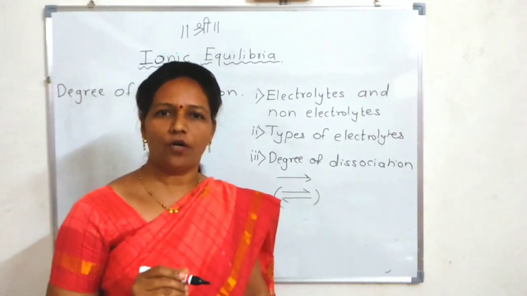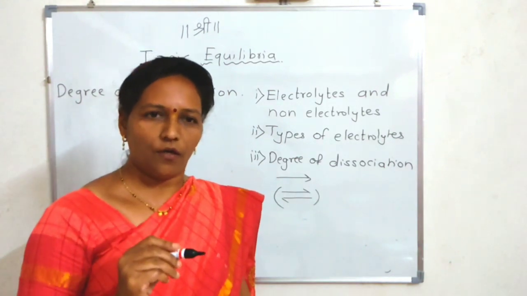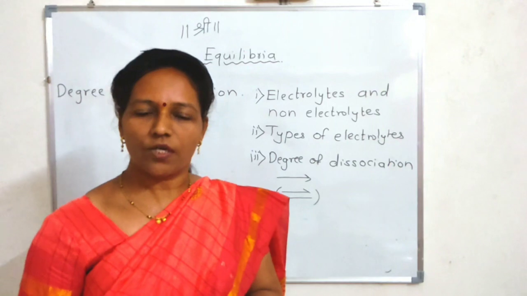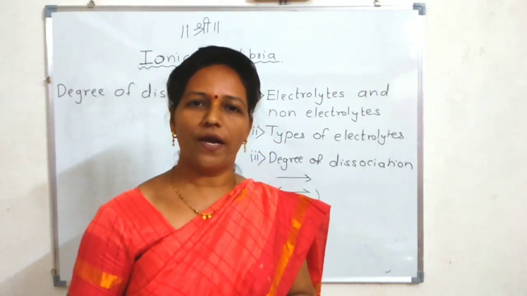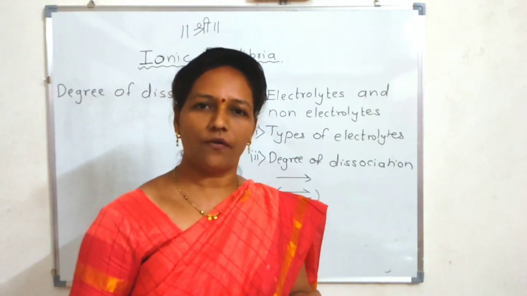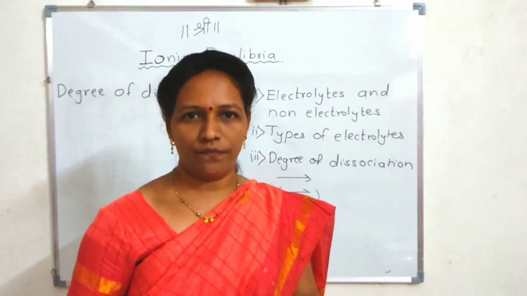Thus, the definition of degree of dissociation is: degree of dissociation is defined as the fraction of total number of moles of an electrolyte that dissociate in aqueous solution when equilibrium is attained.